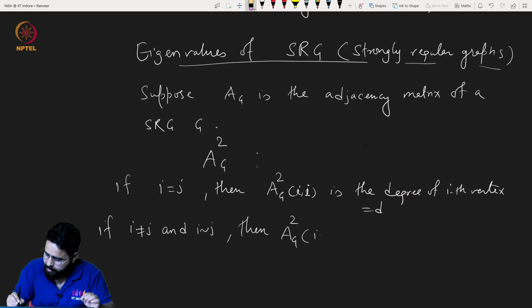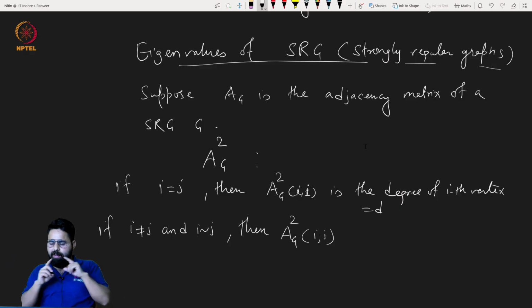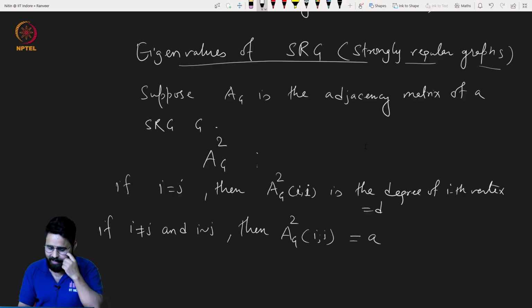I am extremely sorry, I might be frustrating you with my writing. Then A square of G ij will be the number of common neighbors between i and j when i and j are adjacent. This is equal to a. Clear, right? Very simple by definition.